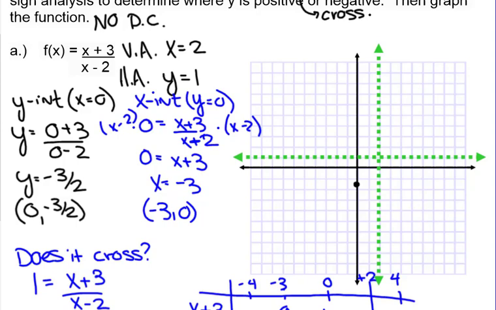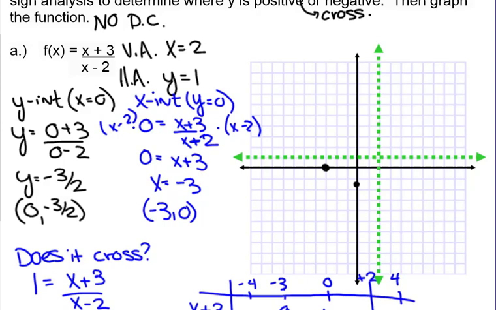I'm sorry, I said x-intercept at first, that's our y-intercept. We've also got an x-intercept of negative 3 and 0. And other things, it does not cross. We don't have points of discontinuity.